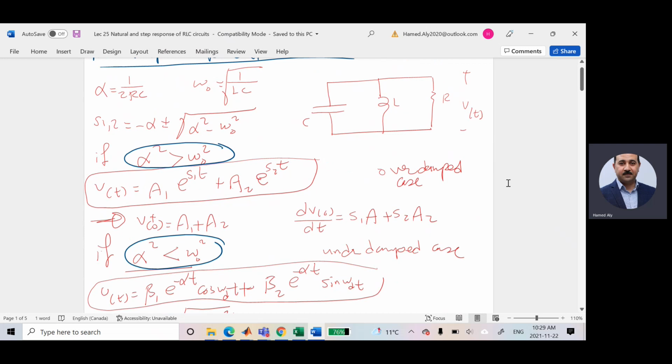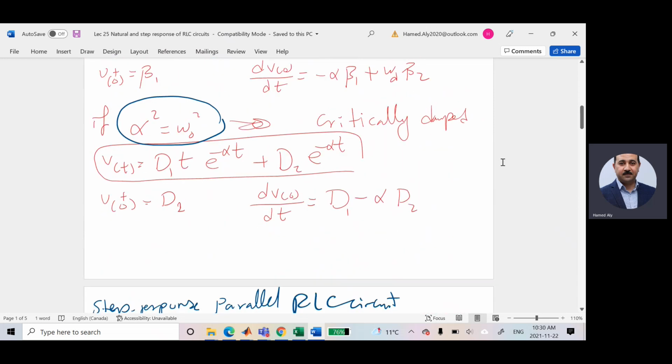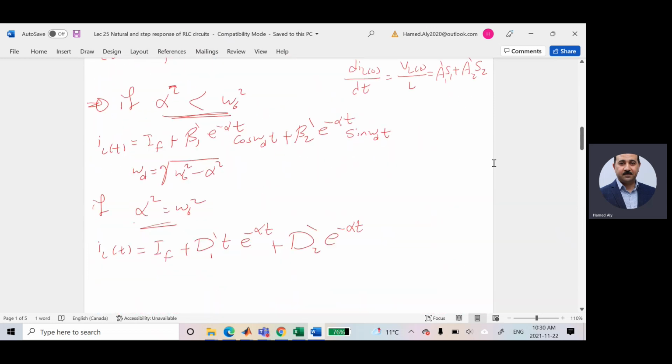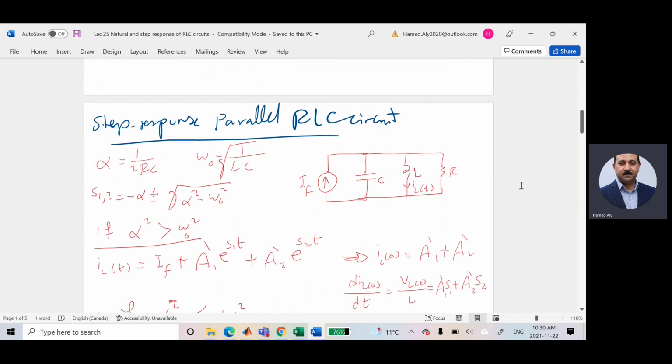If I have many resistors connected in series and parallel, and L and C, I have to simplify the circuit to be one of those four different circuits. After that, I have to calculate alpha and omega based on my circuit. Then I will compare, and then choose one of three different cases.